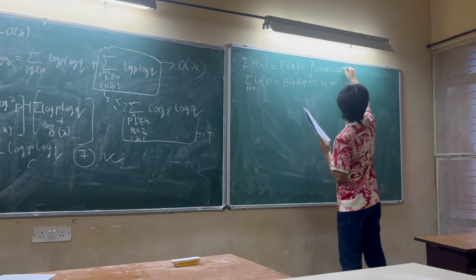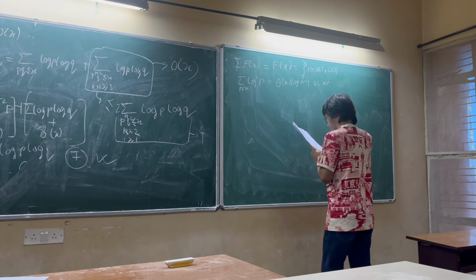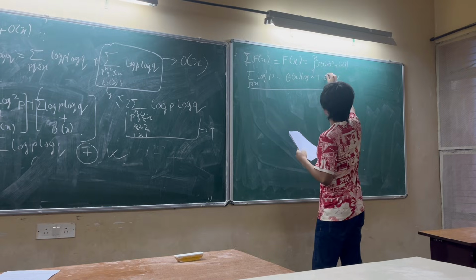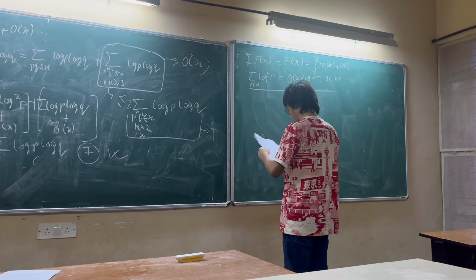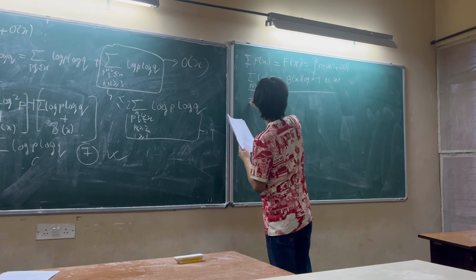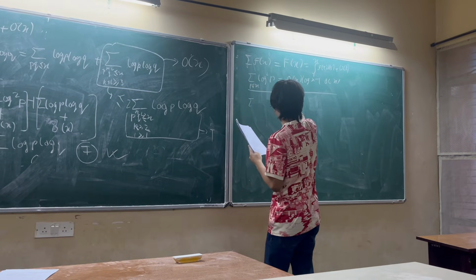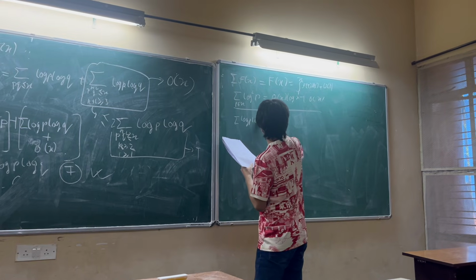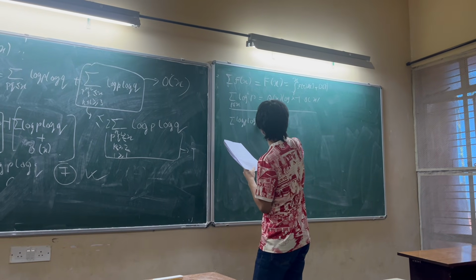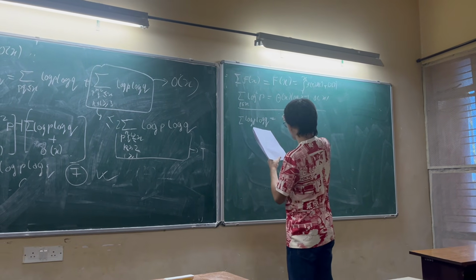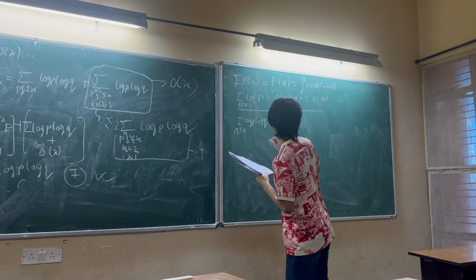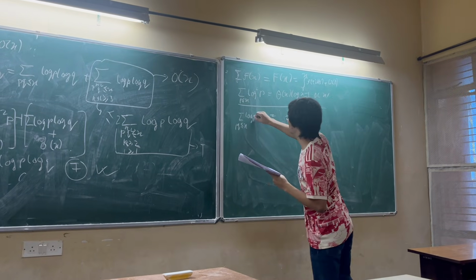I'll get to it later. But this is the first key insight that I have underlined. The second key insight is that summation log p log q, the same summation, p q less than or equal to x of log p log q.